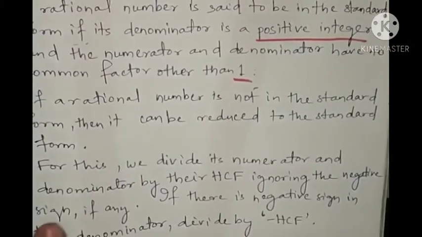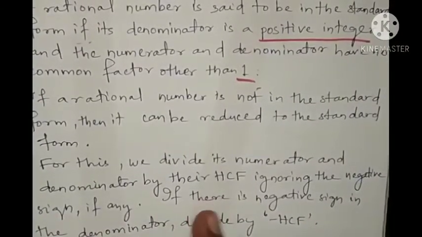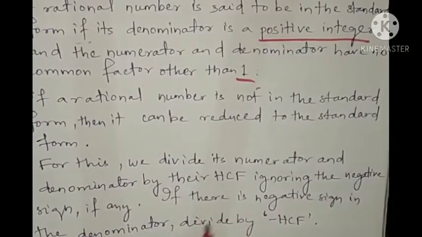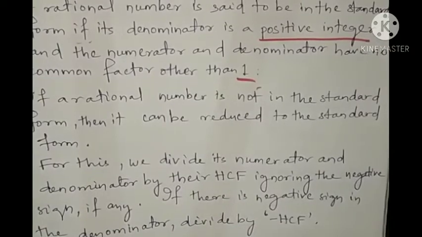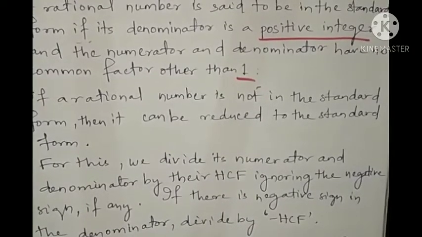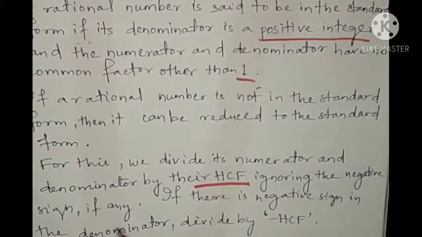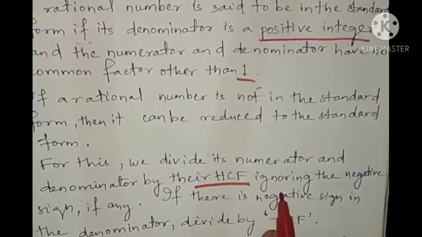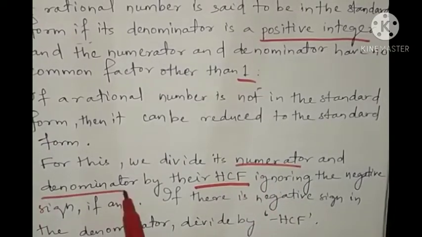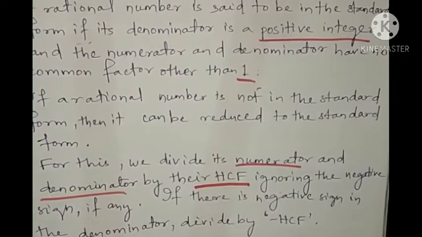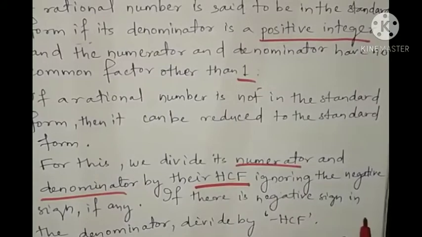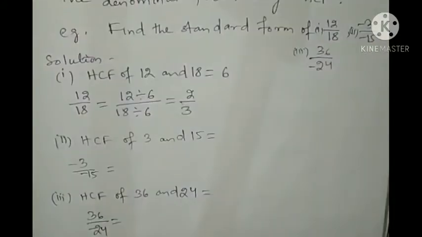For this, we divide its numerator and denominator by their HCF, ignoring the negative sign if any. Okay, so we find the HCF, then divide the numerator and denominator by it. We ignore the negative sign. If there is a negative sign in the denominator, divide by minus HCF.